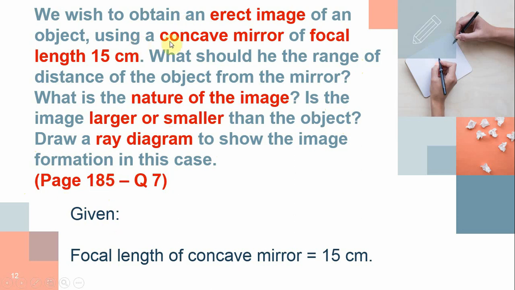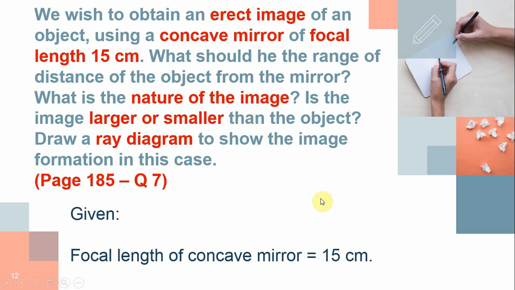Here we can use a concave mirror. It has a focal length of 15 cm. But we need to get the image as an erect image. And we can find the nature of the image, and the image size also we need to obtain.